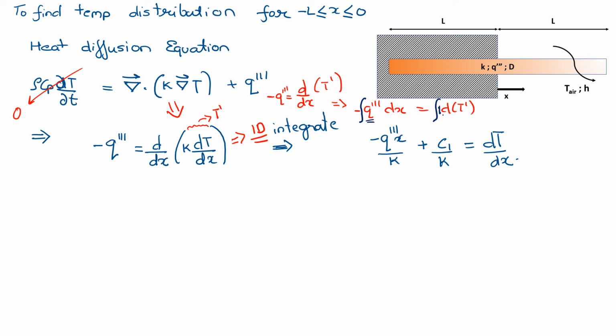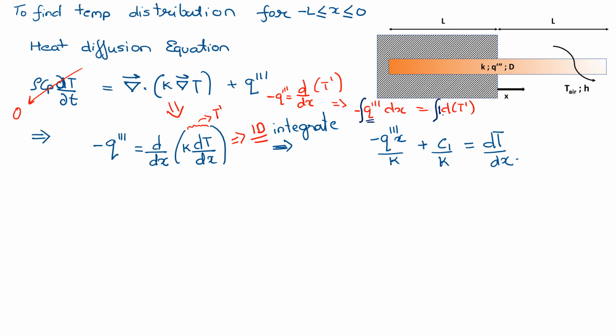Now because our q triple prime is constant, we'll just get an x here, and we have a negative sign, and on the right hand side we'll get t prime.